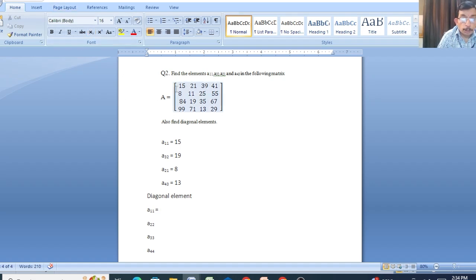A11, first row, first column, is 15. A22, second row, second column, is 11.